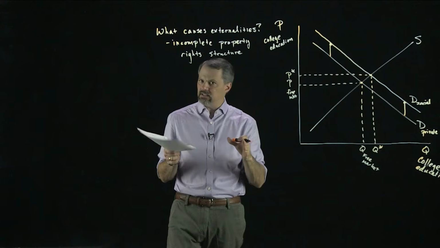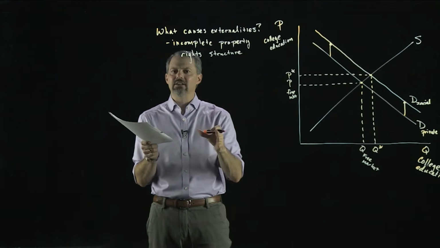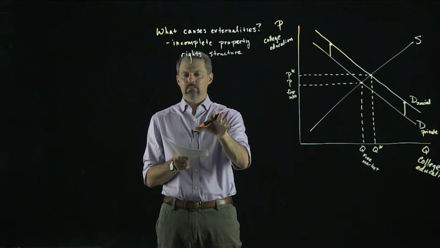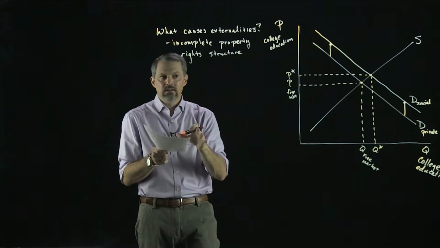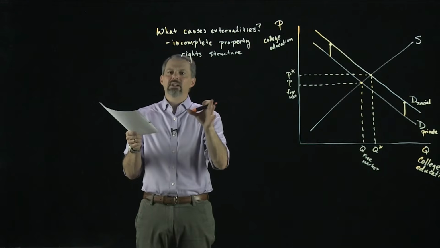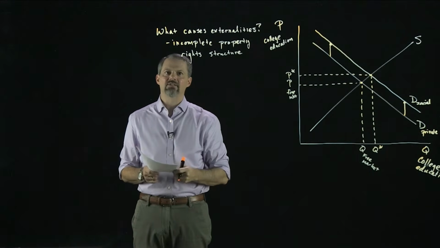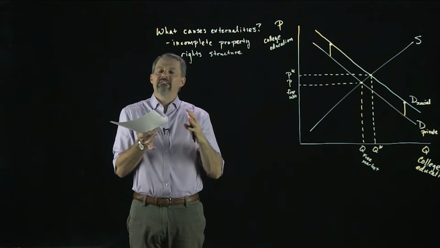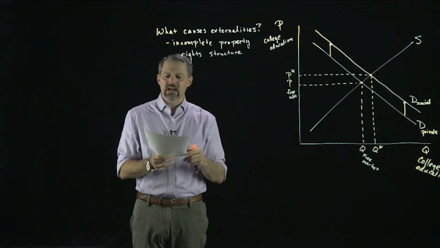Public property means that no private individual is able to sue based upon what happens to that property. Okay? You can't challenge anybody else's ability to use the lake, and that's what creates the problem. It's an incomplete property rights structure. There's a failure of anybody to own that.